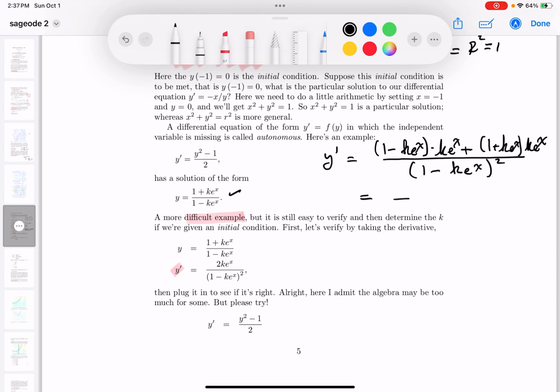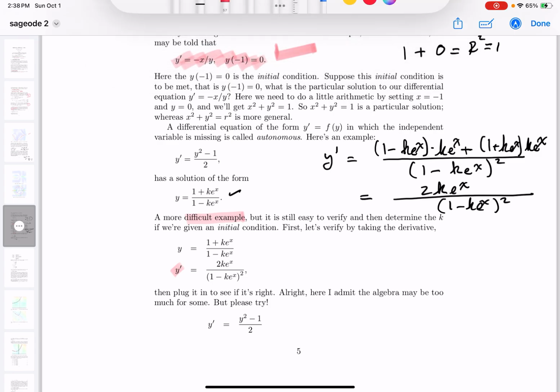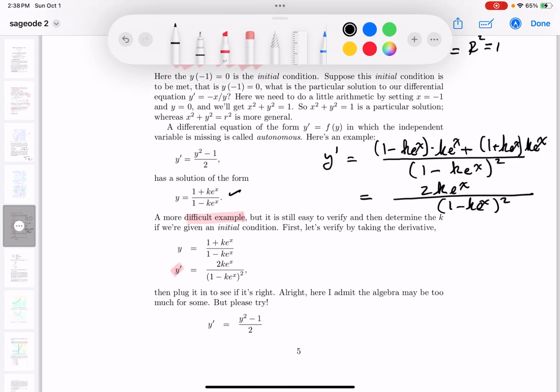Now, if I simplify that, which I want to, not much I can do about the bottom. If I look at the top, I'd have k e to the x plus k e to the x, which would be 2k e to the x. And then, I'd have minus k squared e to the 2x plus k squared e to the 2x. They disappear. So I'm going to say this is verified now.